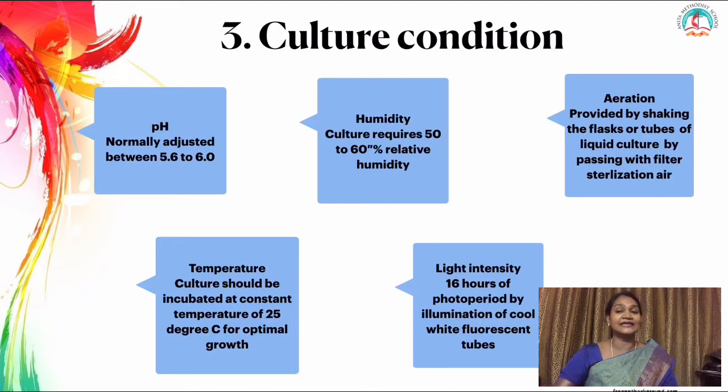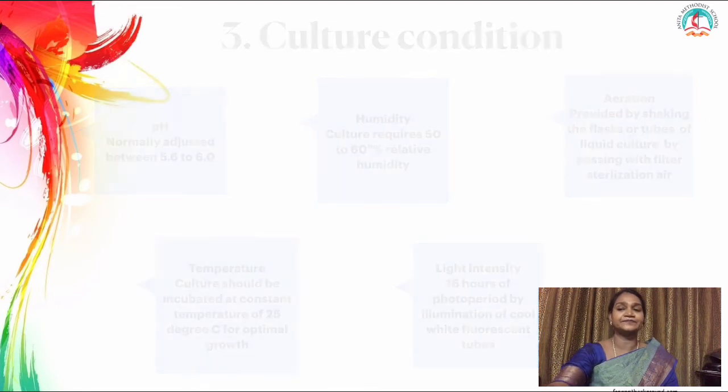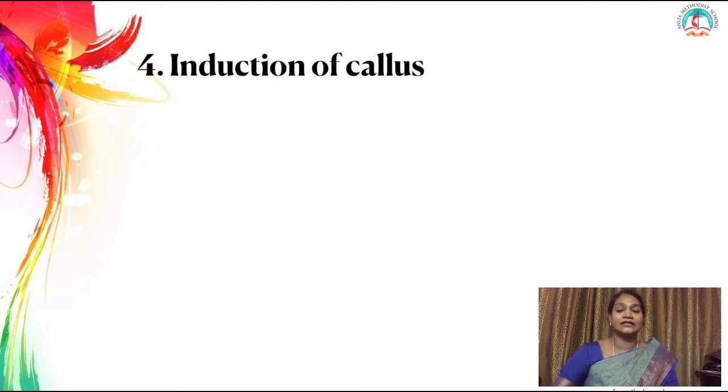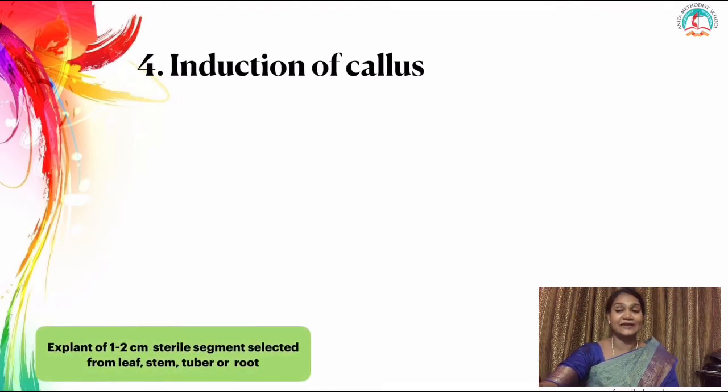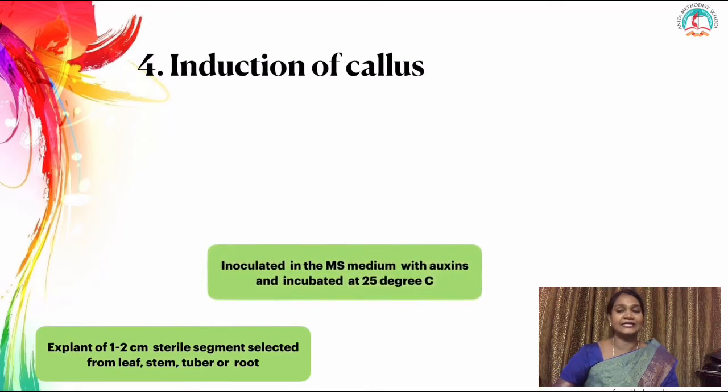The fourth technique is induction of callus. An explant of 1 to 2 centimeters from the sterile segment is selected from a leaf, stem, tuber or root. Secondly, it is inoculated in the medium. Here it is MS medium with auxins.